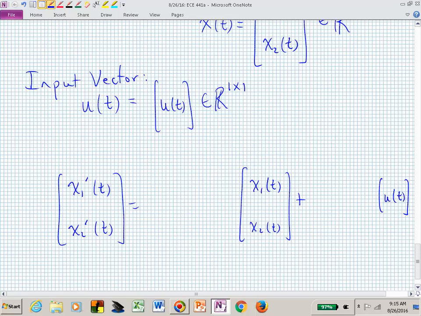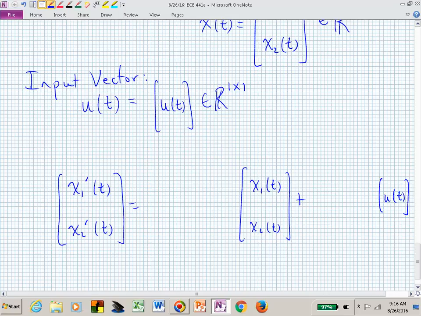And now we need to determine the dimensions of those matrices. And this is just keeping track of rows and columns. This matrix A that's sitting here, that's our system matrix. That has our dynamic behavior contained within it.